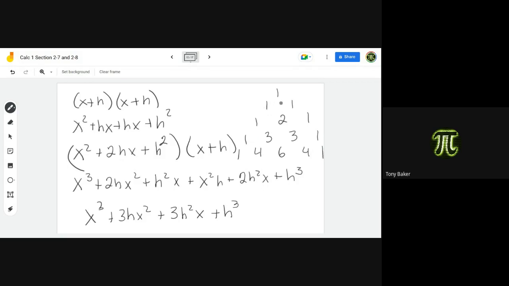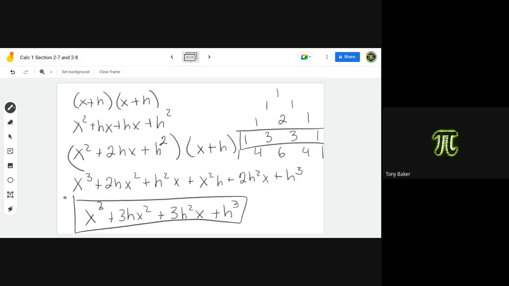So 1 plus 1 is 2, 1 plus 2 is 3, 2 plus 1 is 3, 1 plus 3 is 4, 3 plus 3 is 6. If you look at this one right here, and you look at my coefficients, they're the same. Pascal's triangle allows you to fill out binomials to basically infinity, and it'll tell you all the coefficients of them. You don't need to memorize it.